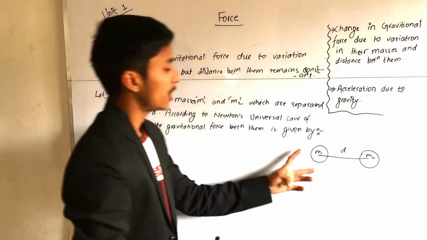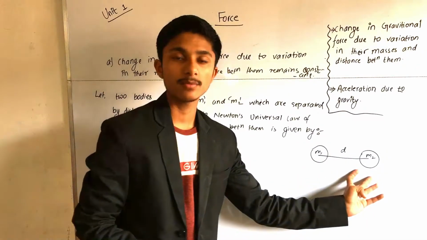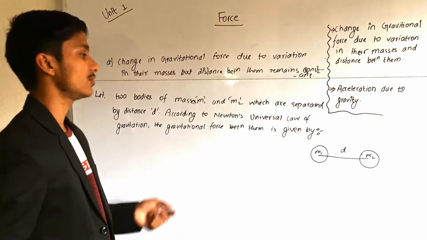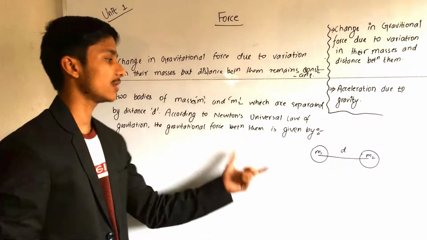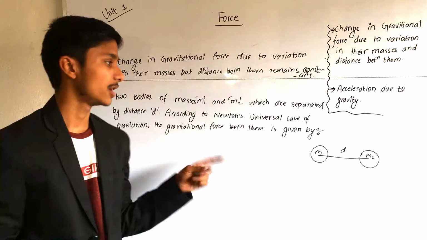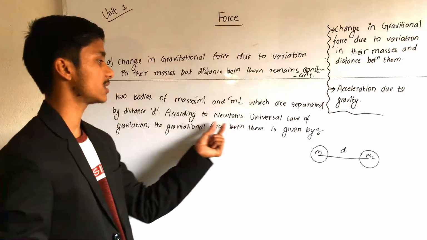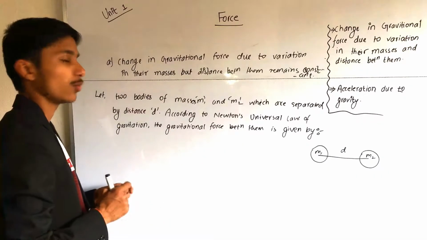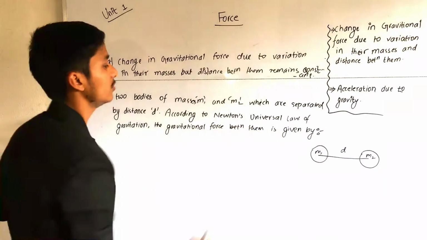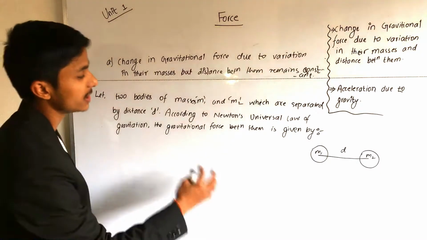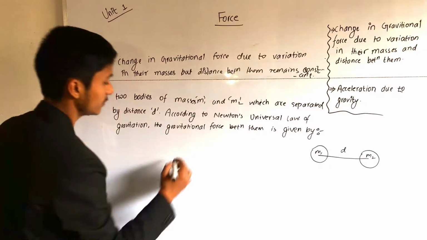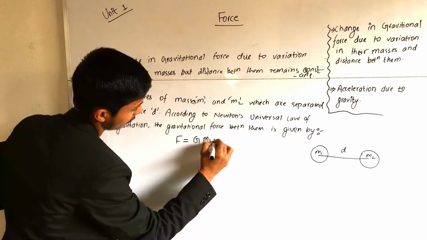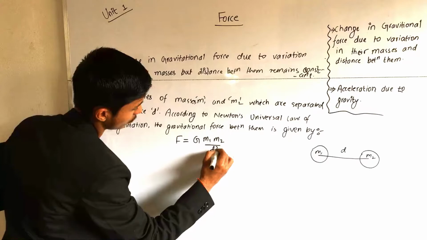So when this body has mass m1 and this body has mass m2 and the separation between them is distance d, then according to Newton's universal law of gravitation, the gravitational force between them is given by, F is equal to G m1 m2 by d square.